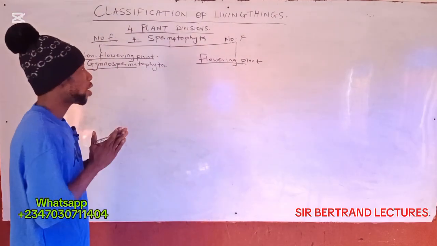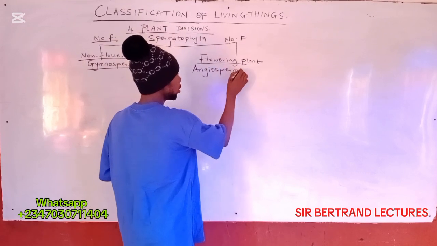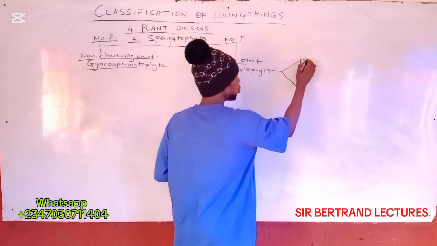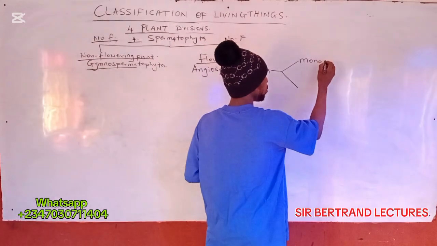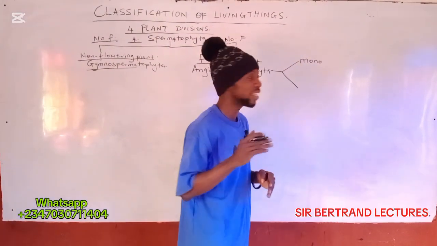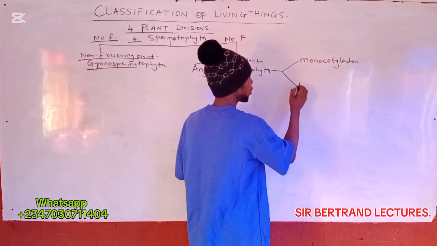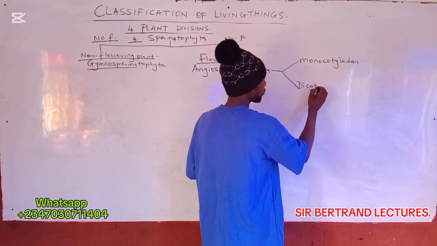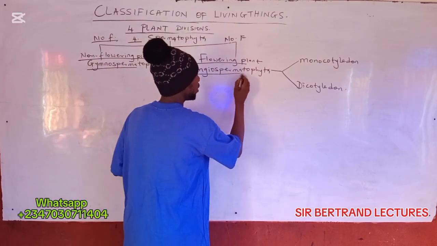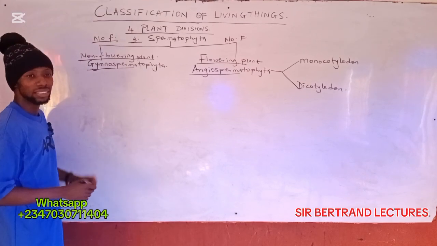They don't produce flower. And this one here is angiospermatophyta, which is classified into two based on the number of cotyledons. They are classified as monocotyledon and dicotyledon. The angiospermatophyta here are known as angiosperm, as gymnospermatophyta is known as gymnosperm.